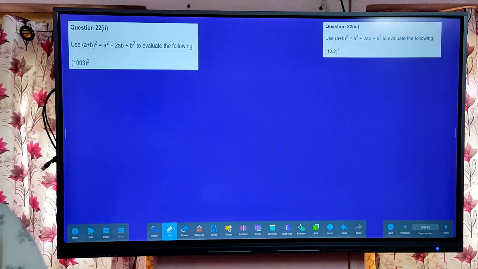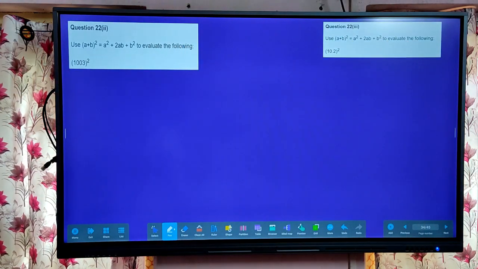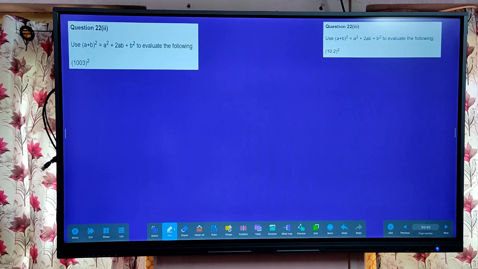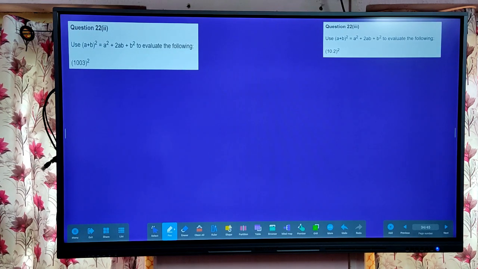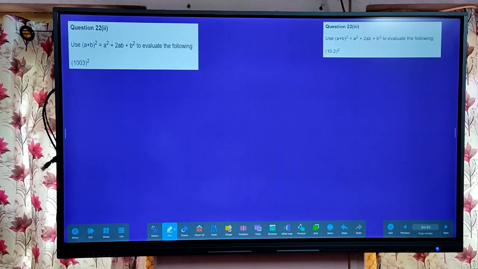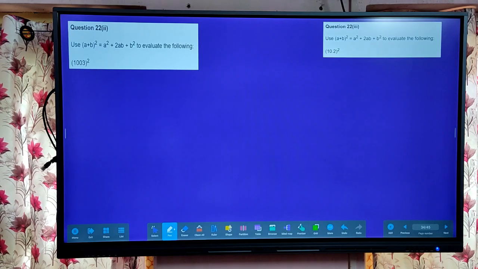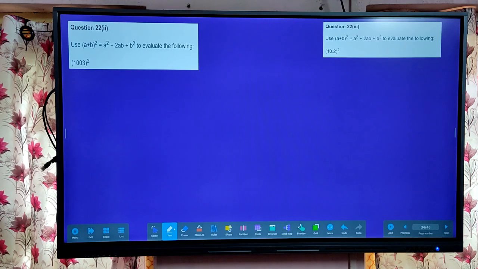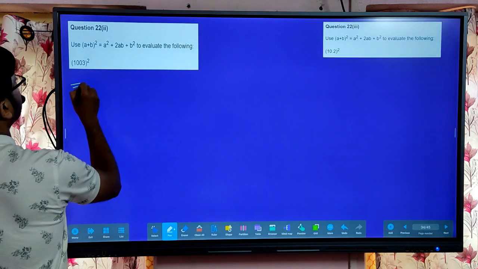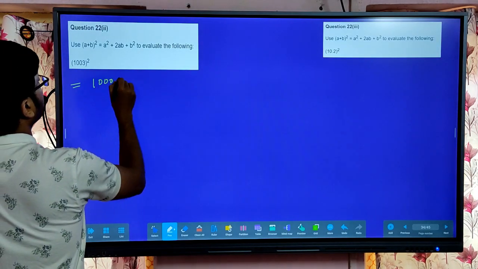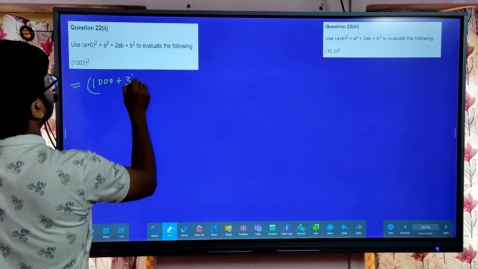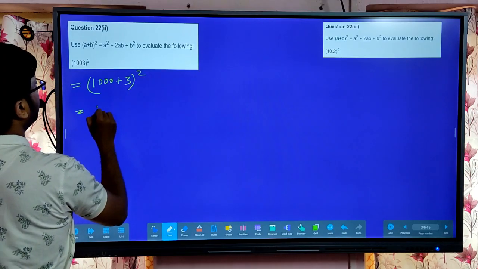Next question. 103 whole square, that is 1003. It is very easy. So it will be 1000 plus 3 whole square.